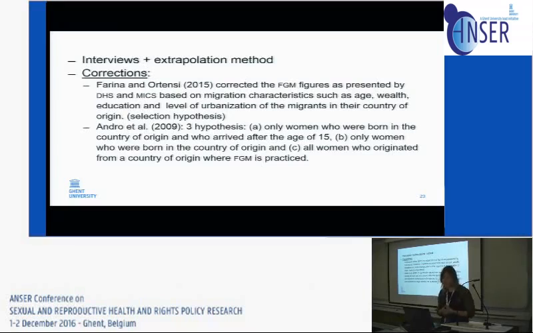And then the French claim that we should look at an interval of prevalence, because we're not sure who the women are who have migrated. They might all have undergone circumcision, they might not, none of them might have done it, but you should have an interval with a minimum and a maximum.